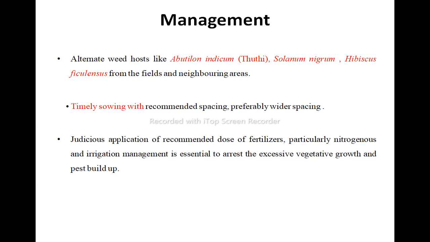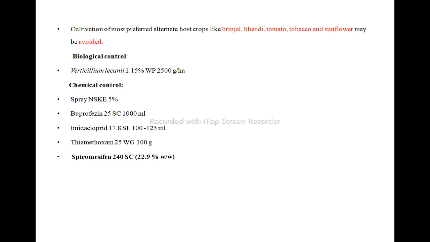So we should go for judicious application of nitrogen fertilizer. Next, cultivation of the most preferred alternate host crops like brinjal, bhindi, tomato, tobacco and sunflower. These crops we should avoid cultivating in the cotton ecosystem.